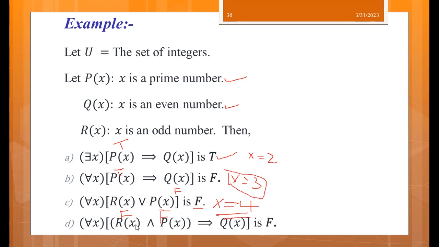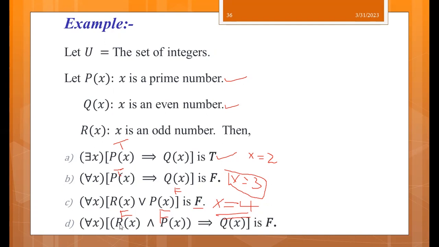Because this is a logical conjunction, this compound statement will become false only when the first one, the conjunction, is true and q of x is false. So we need to find an integer within this universal set that can make the compound statement true and the open statement q of x false.